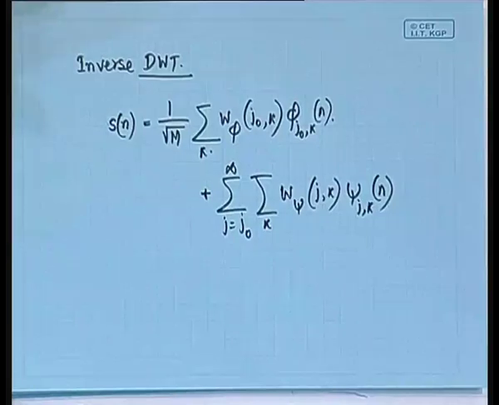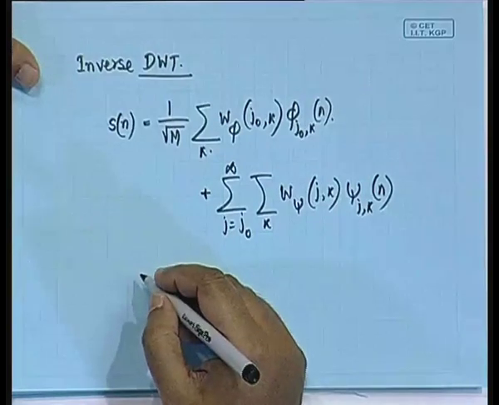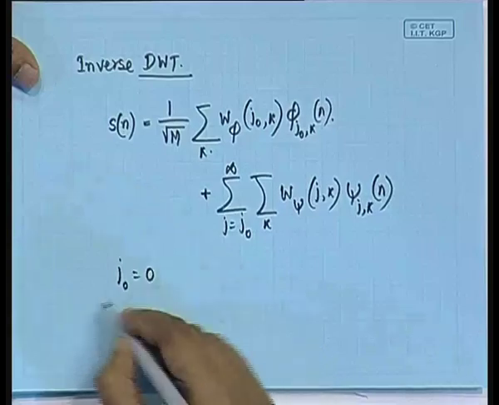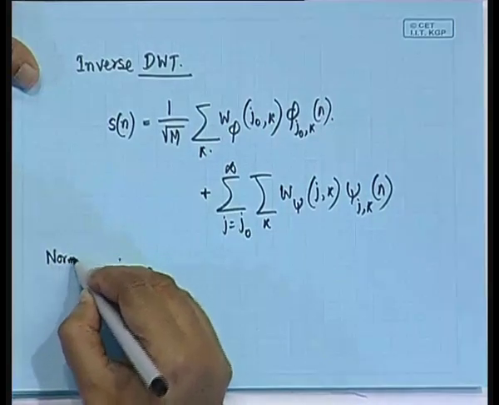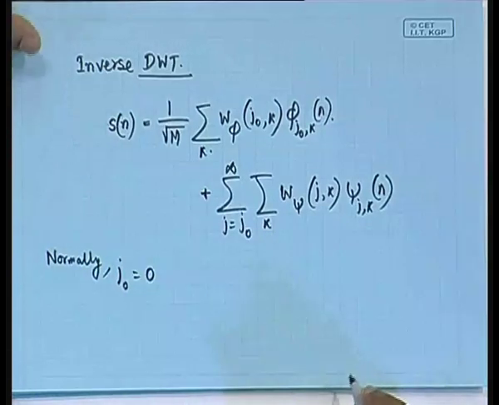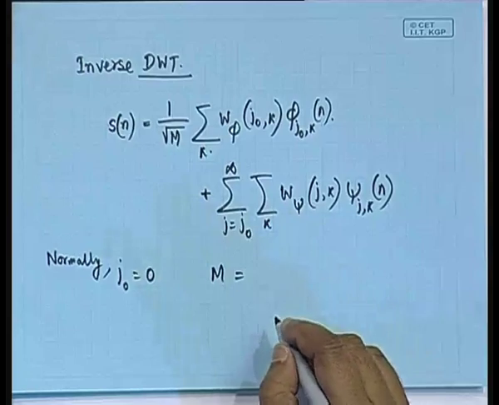Now, what we normally do is choose j0 to be 0. I mean normally we can choose j0 to be equal to 0 and select M as some power of 2.